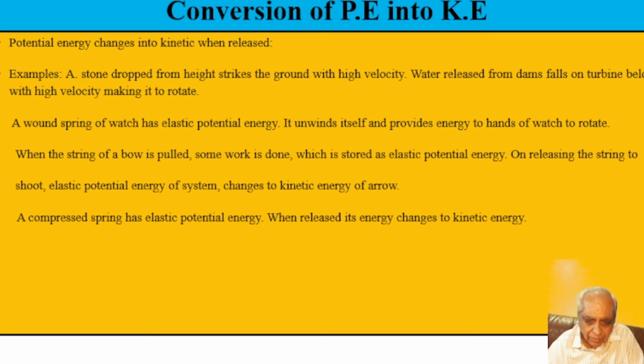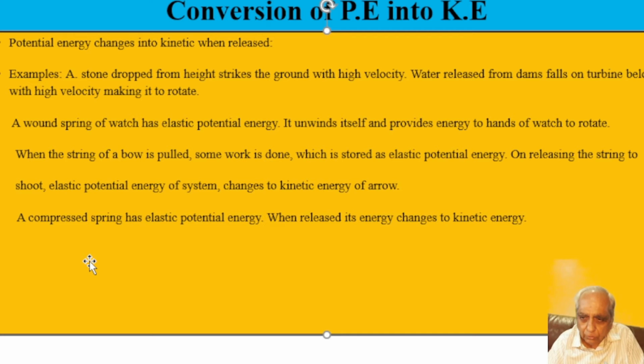Okay. Now I will give you certain examples of how potential energy gets converted to kinetic energy. Whenever potential energy is released, it gets converted to kinetic energy. For a simple example, a stone is dropped from height h. What is the potential energy of the stone at height h? mgh, isn't it?